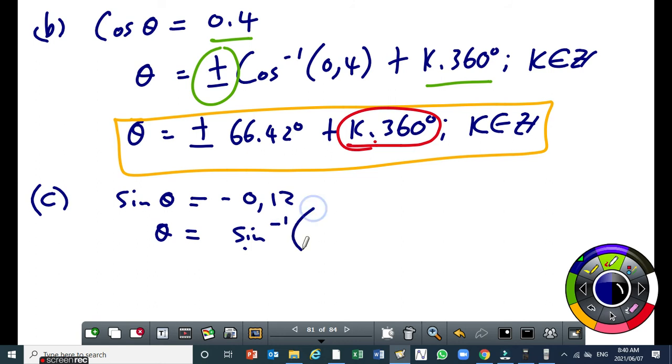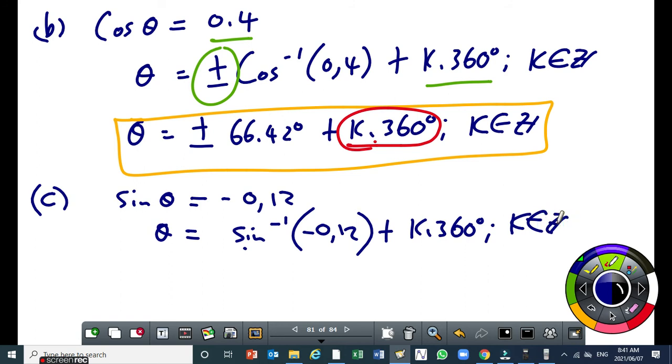Shift sine of minus 0.12. First, we are going to get a reference angle here. That reference angle, we add it to k times 360 degrees so that we can get all the possible values. Whatever reference angle we get here, we are going to subtract that angle from 180 degrees, and we get a second general solution.